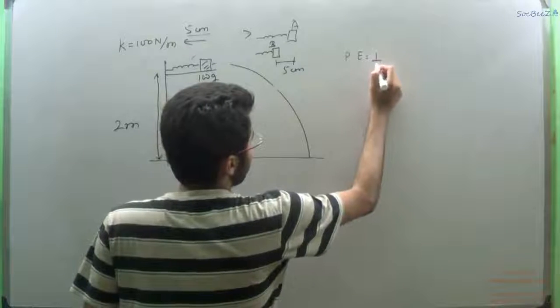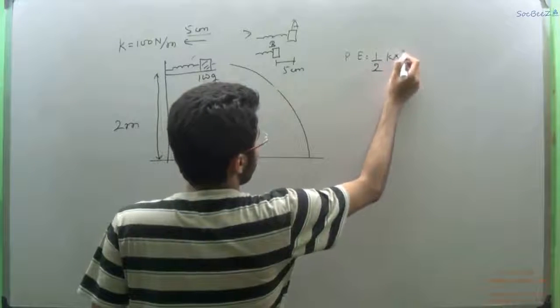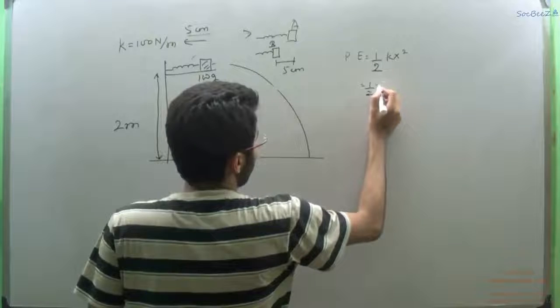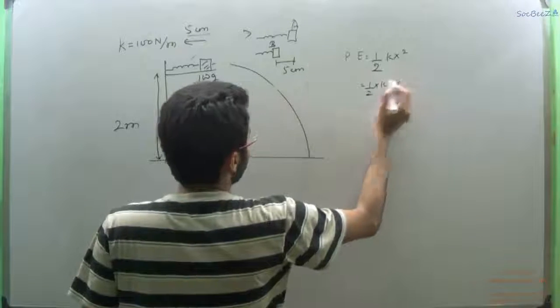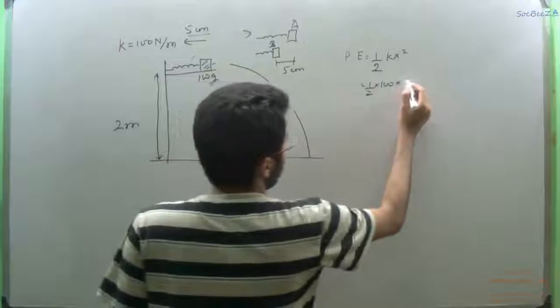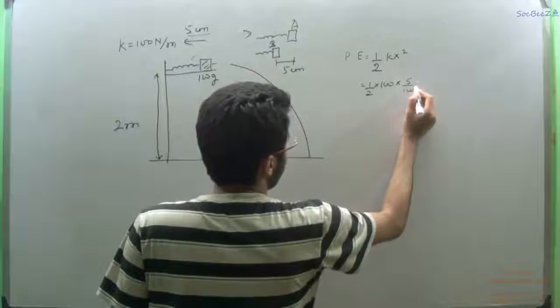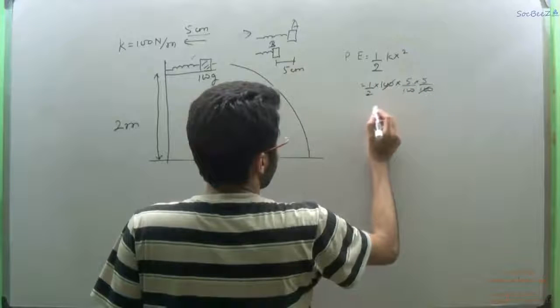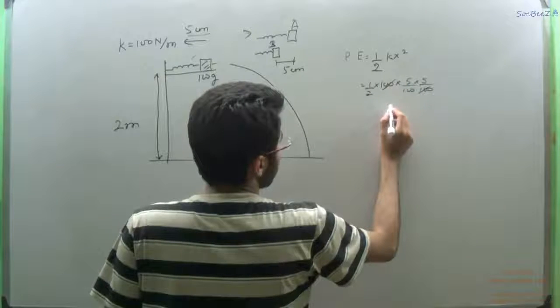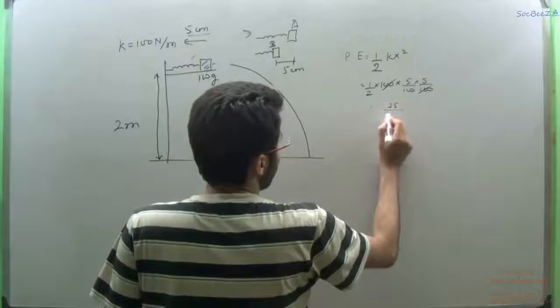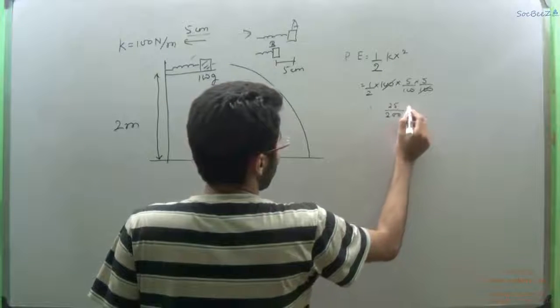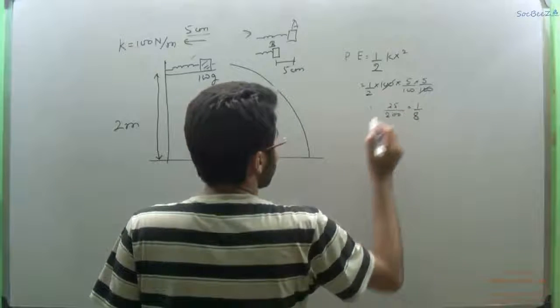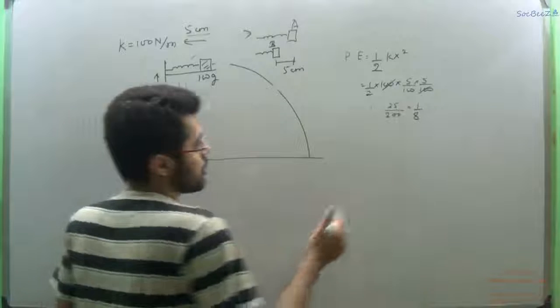That will be half kx square, which is equal to half into 100, and x, keep in mind, is 5 centimeter, meaning 5 by 100 into 5 by 100. So basically 25 by 200 or 1 by 8. This is the potential energy.